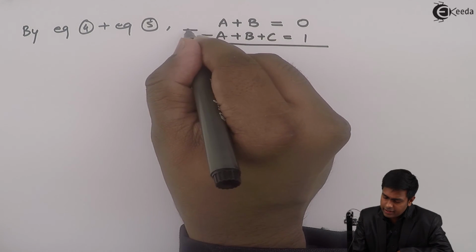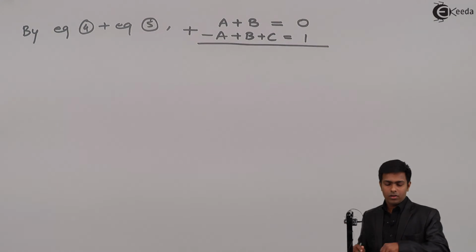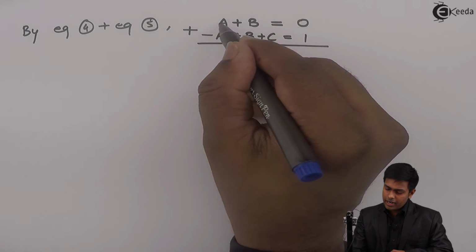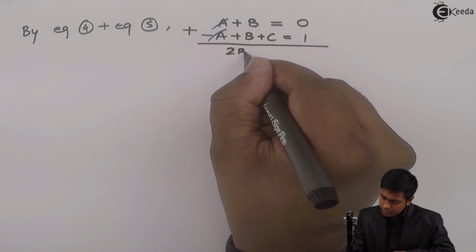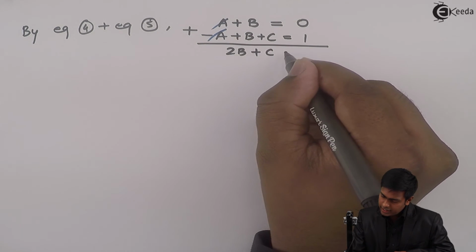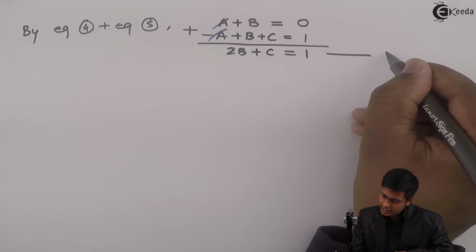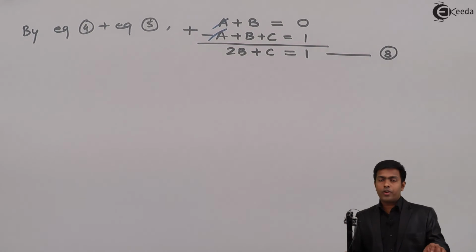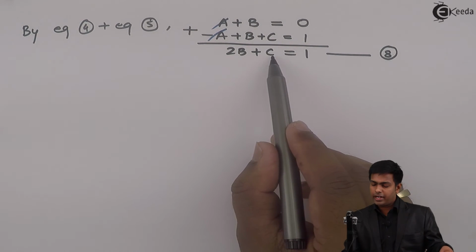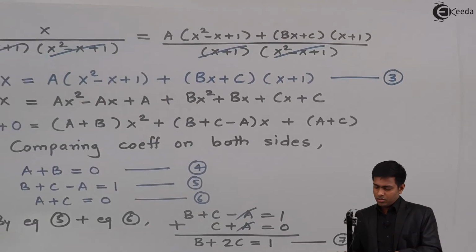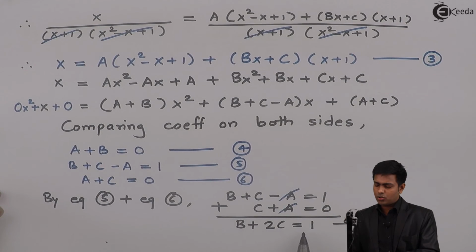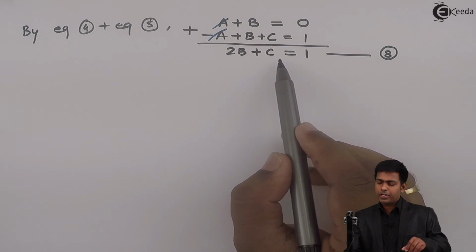By adding it, a and minus a will be cancelled, and we will get b plus b, 2b, plus c equal to 1, and I'll say this is equation number 8. So we got two equations in terms of b and c: equation number 7, b plus 2c equal to 1, and equation number 8, 2b plus c equal to 1.